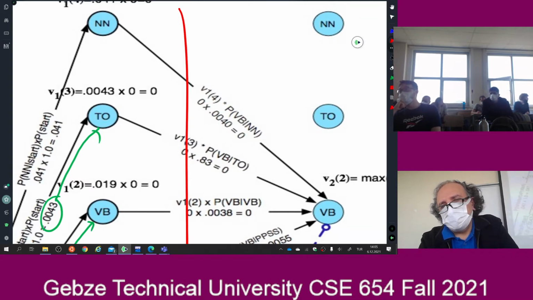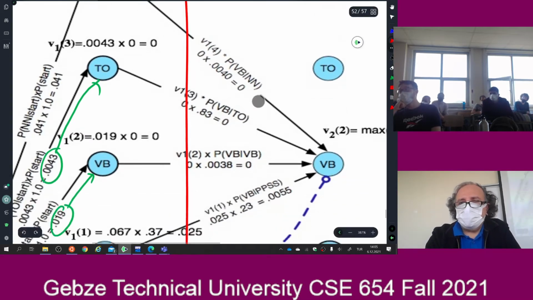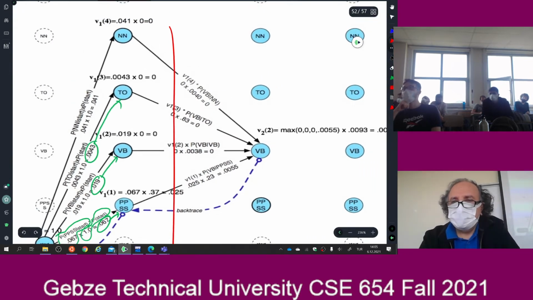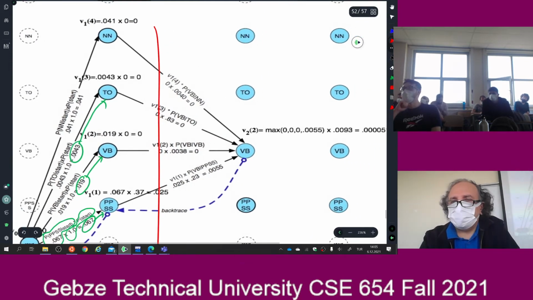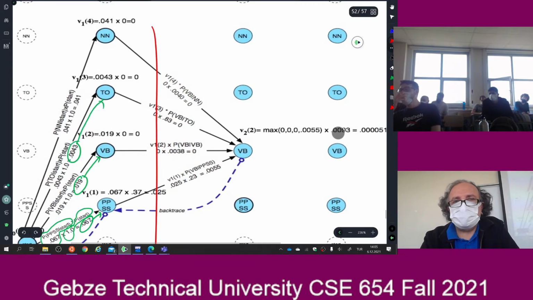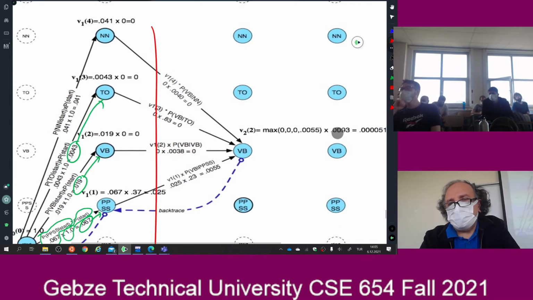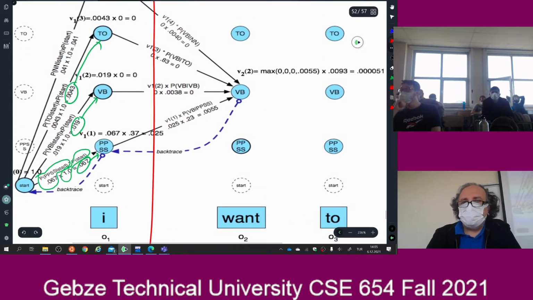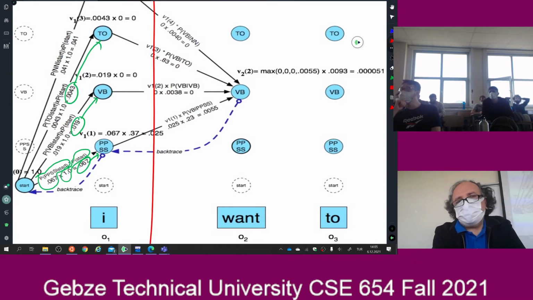Okay? I get this, and I multiply it with this much. It is the place where I put this observation likelihood of want being a verb. Okay, so that's where it comes from, and for the sum from this one, I keep calculating this.